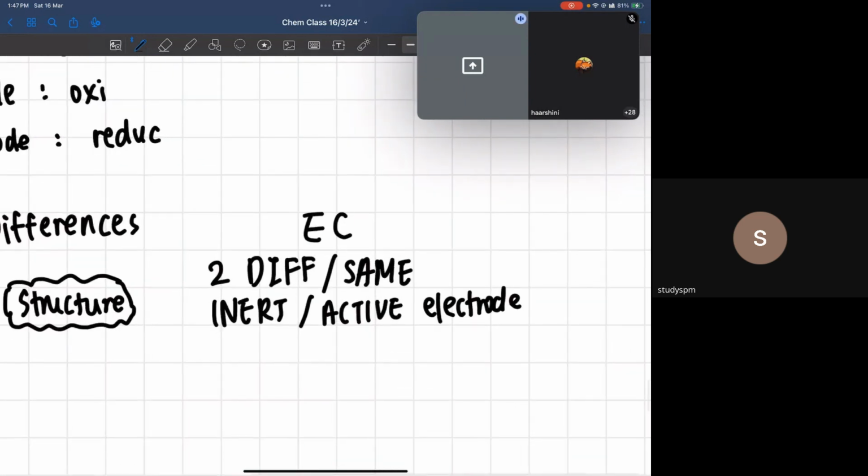Okay, two different like copper, carbon, platinum. That one is different. Same is like two carbon, two platinum, two copper. Yeah, like that. Okay, for inert, right?